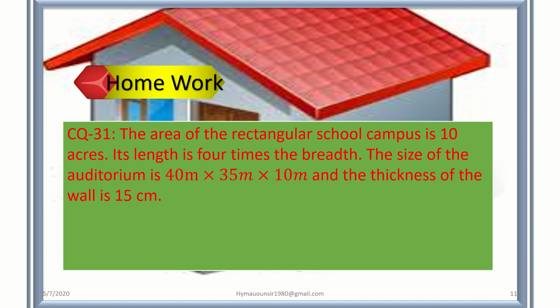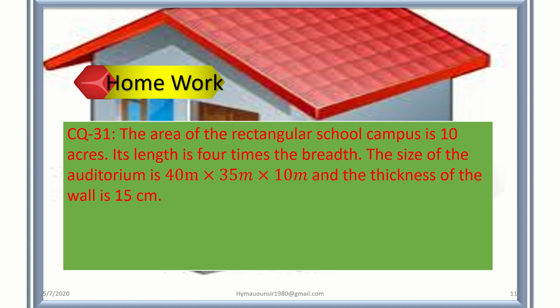The first part, up to breadth, that means the area of the rectangular school campus is 10 acres. Its length is 4 times the breadth. This is one part, and the other part is the size of the auditorium, 40 meter by 35 meter by 10 meter, and the thickness of the wall is 15 centimeter.